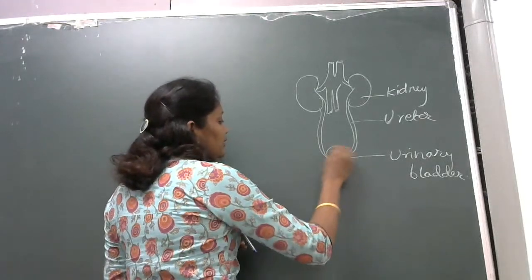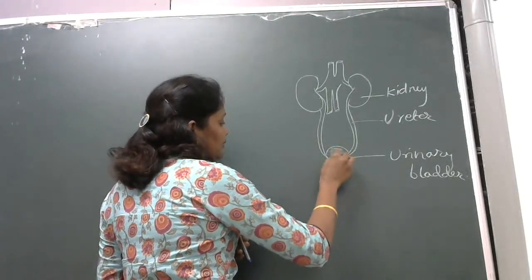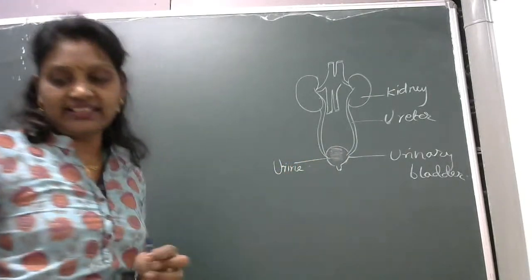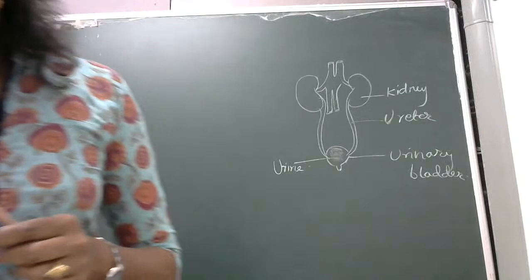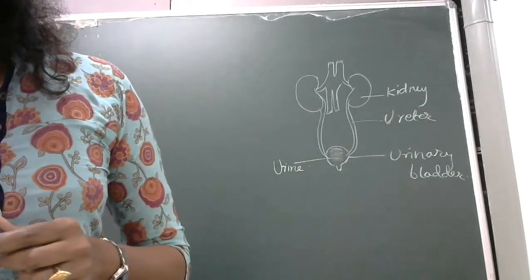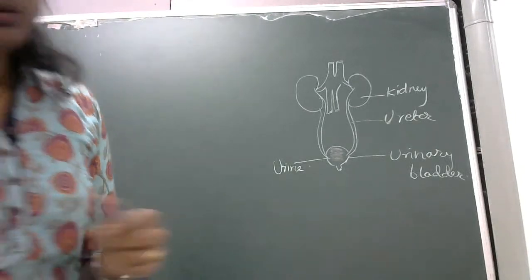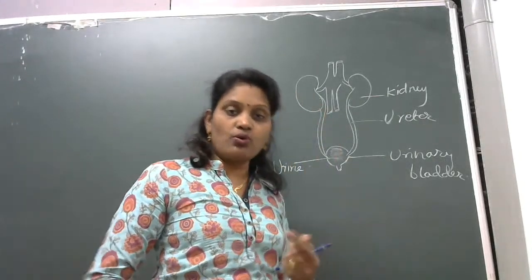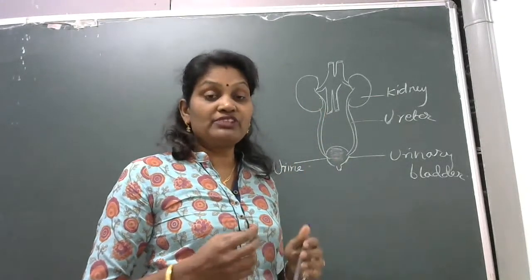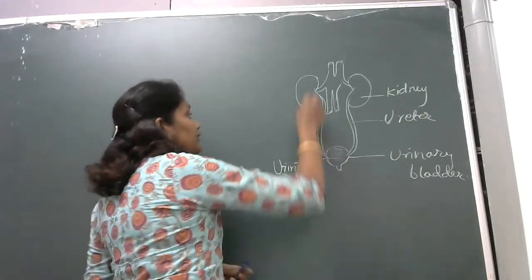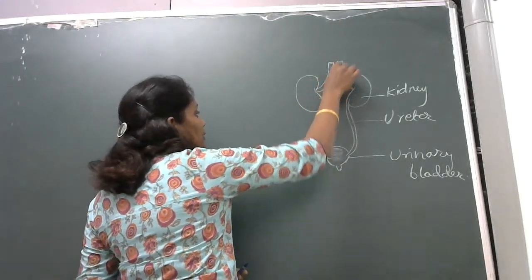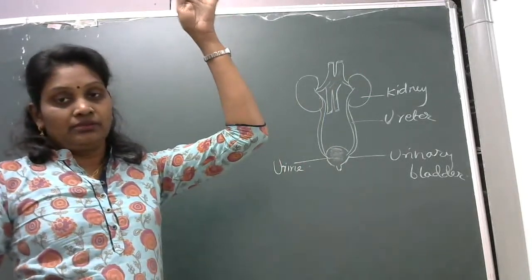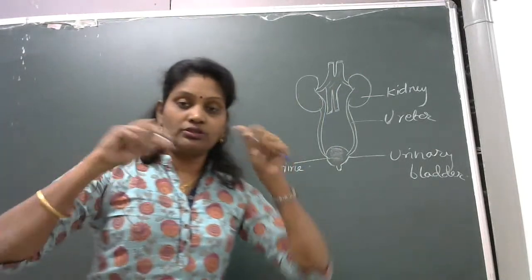So here in this urinary bladder, urine is getting collected. Now you can see that urine is getting collected, and the blood which is now fresh, or pure, is given back to the veins.